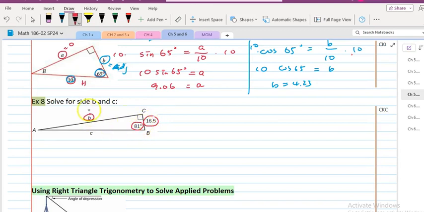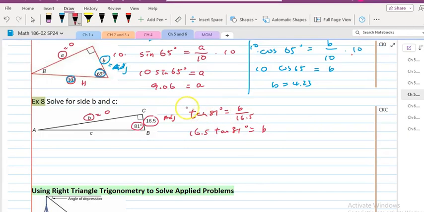And then B, adjacent, and then do you feel that this is O? Yeah, O. Adjacent and O is TOA. So I'm going to set up tangent 81 degrees equal to O over A, B over 16.5. TOA, right? So times 16.5 on both sides, we cancel out the 16.5, equal to B.